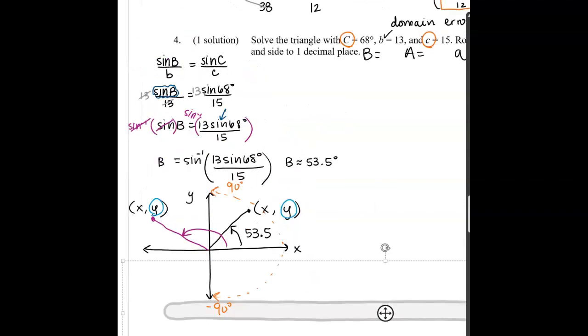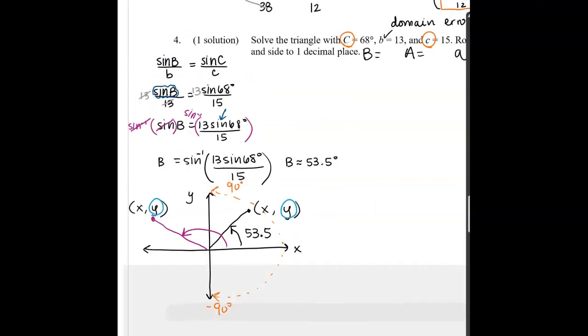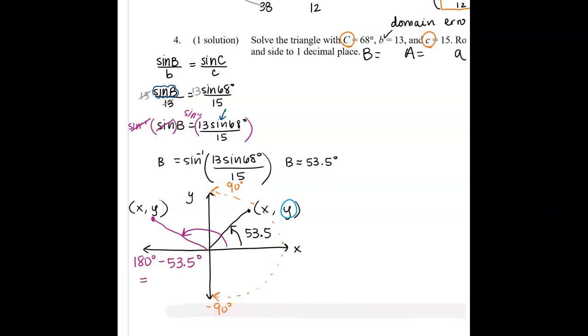That purple angle is 180 degrees minus the 53.5 degrees that we had in the first quadrant, which leaves us with 126.5 degrees. So technically, when we evaluate sine inverse and the calculator gives us 53.5, there is the option that B could be 126.5, potentially.